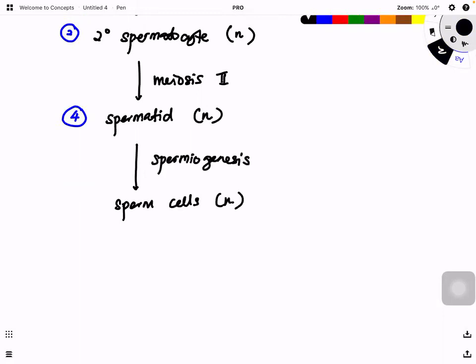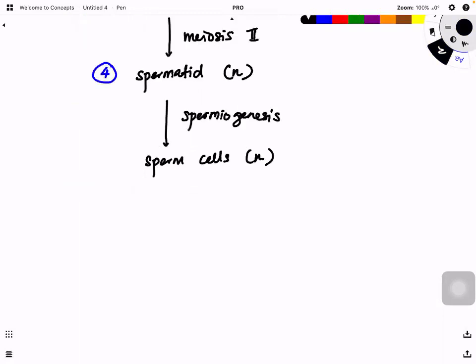That means it develops sperm cells. Are you clear? So still 4. The sperm cells will be released from the Sertoli cells, and become fully developed sperm cells through the process of spermiation.